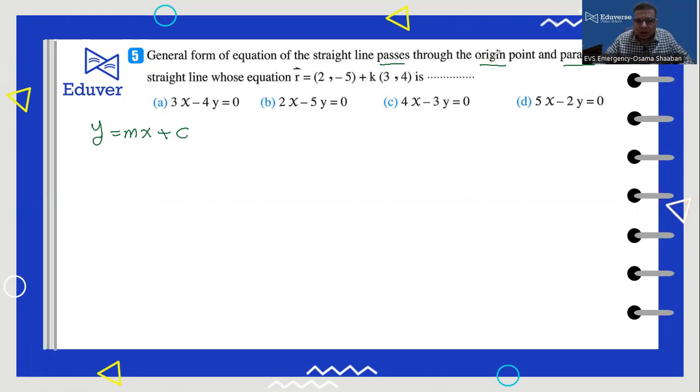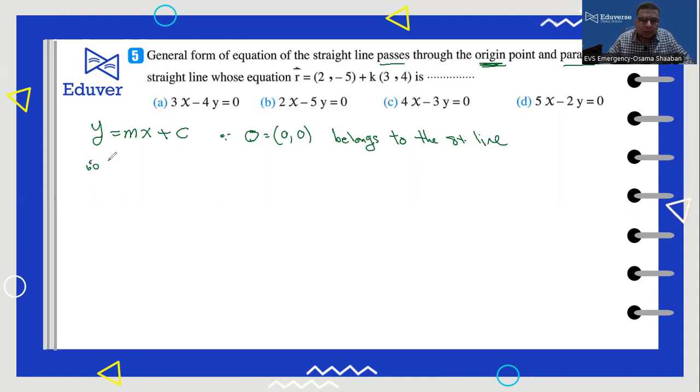When the straight line passes through the origin point, the intercept is 0, then the straight line passes through O, that means 0 and 0 satisfy the equation, belongs to the equation of the straight line.